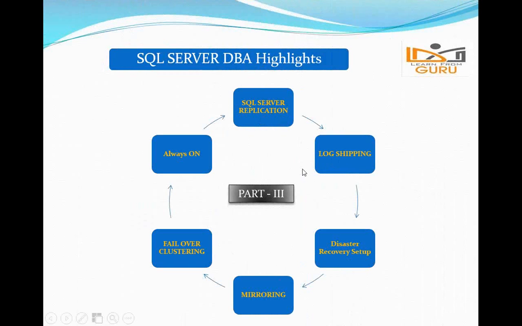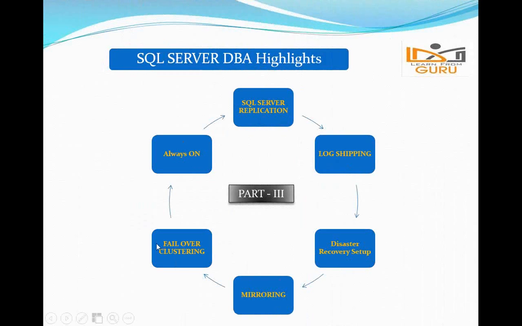Log shipping, I created on 70-80 servers. Of course, we do disaster recovery setup. I used mirroring. Always On is a new feature in SQL Server 2012. I implemented it in the last 2 months. This is a new feature, so I will provide complete hands-on in my environment. Interviewers are starting to ask about this because it's a wonderful feature. So I will focus on this.